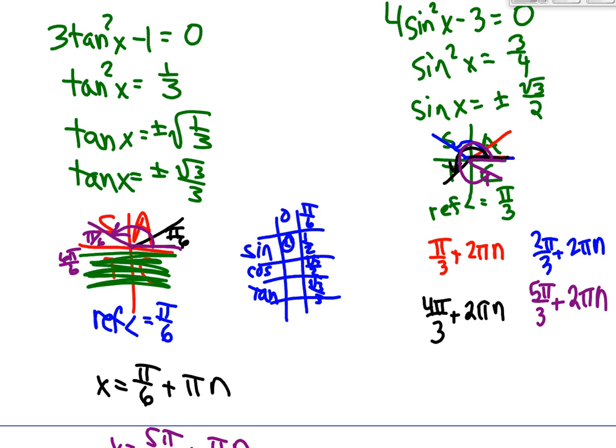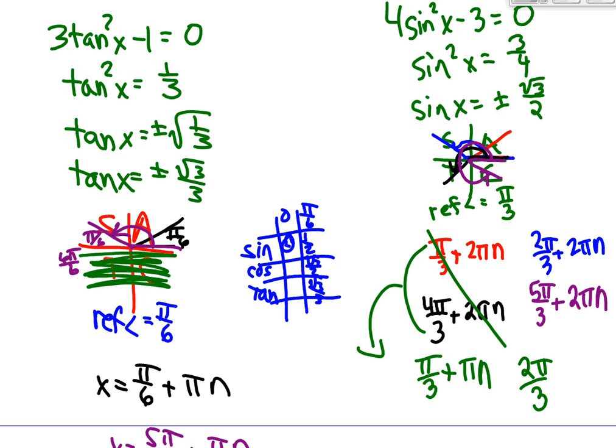And do you agree that these two are related to each other by pi, correct? So instead of going this plus 2 pi n and this plus 2 pi n, I can just give pi over 3 plus pi n, and that takes care of both of those. And same thing here. I can take 2 pi over 3 plus pi n, and that takes care of both of these together over there.